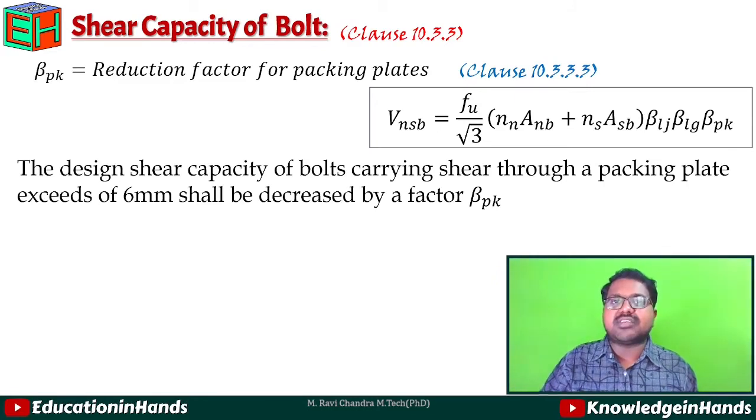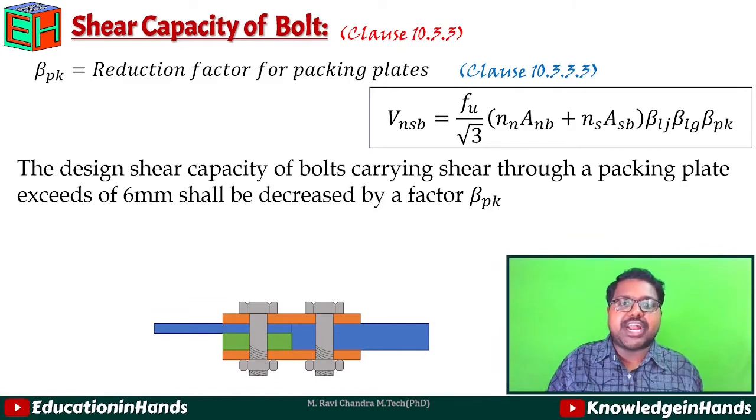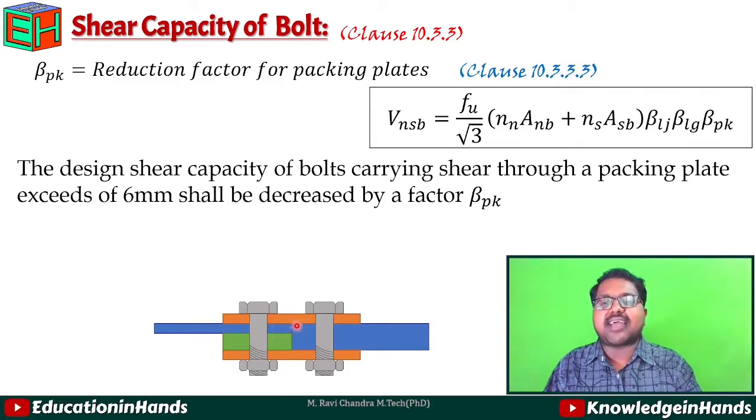So in simple words, I am taking a double cover butt joint connection. Here we see the two main plates as blue plates. Two plates are connected using a double cover butt joint, but the thickness of plate 1 and plate 2 are different. So to maintain this connection equally, I am using a green colored plate additionally, which is nothing but a packing plate.